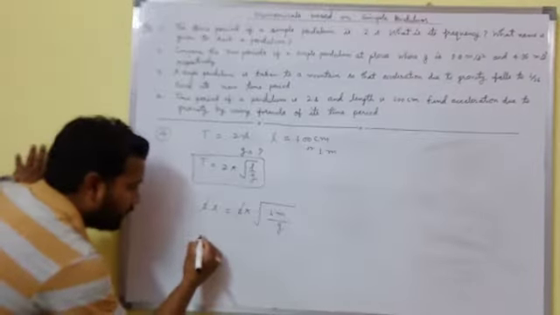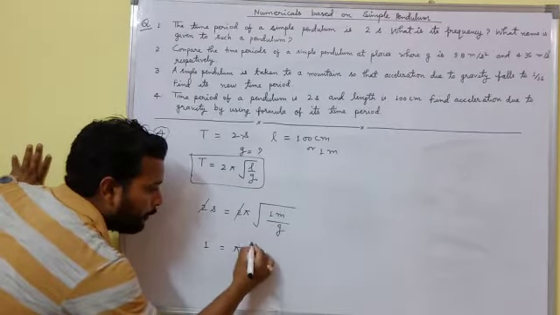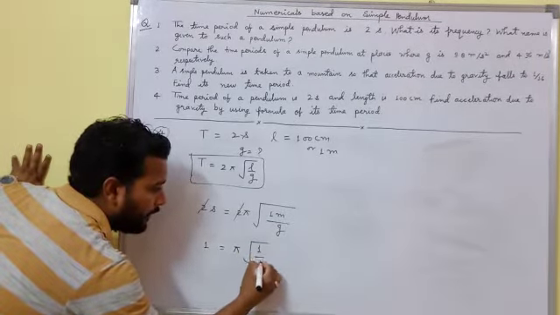On squaring both sides, we have 1 equals pi root 1 by g.